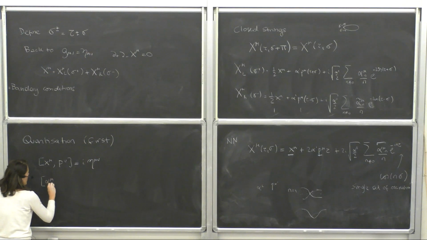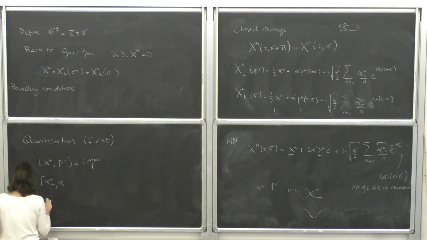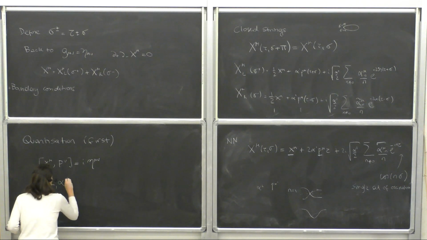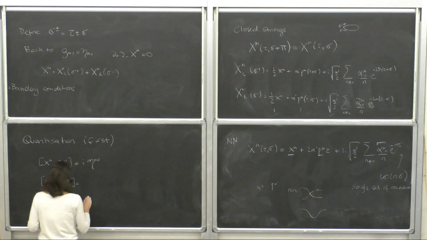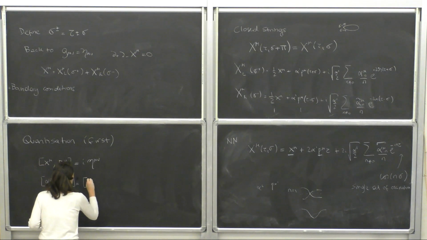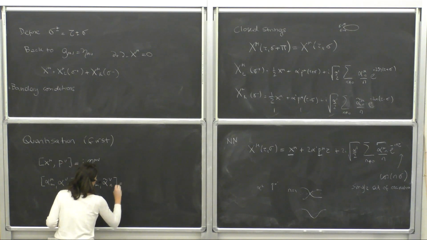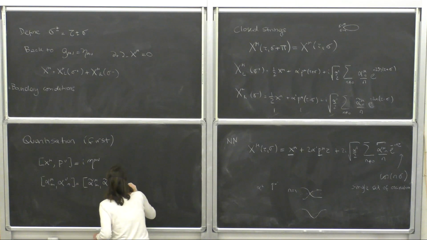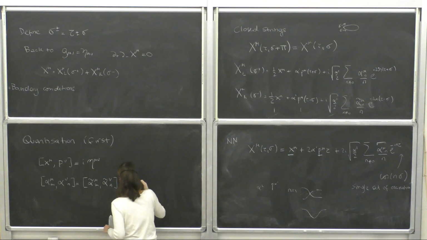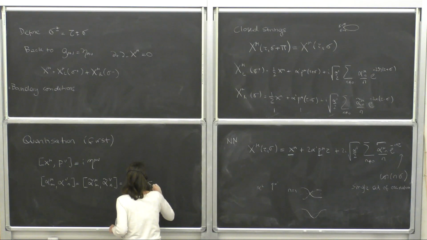Alpha mu m with alpha nu n, and the same with alpha tilde mu m alpha tilde nu n. This is equal to m eta mu nu and delta m plus n 0.